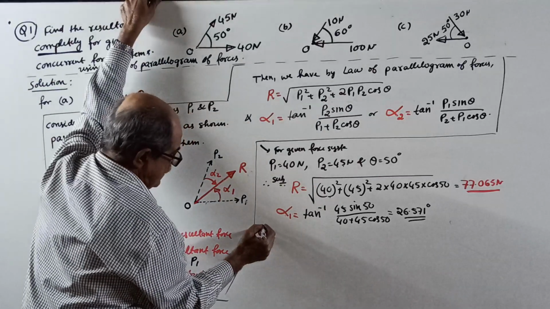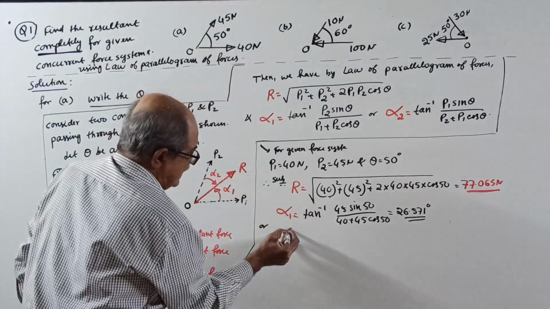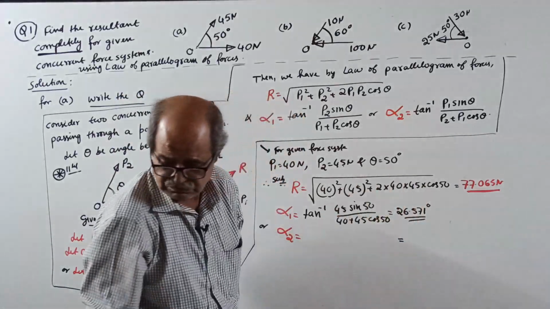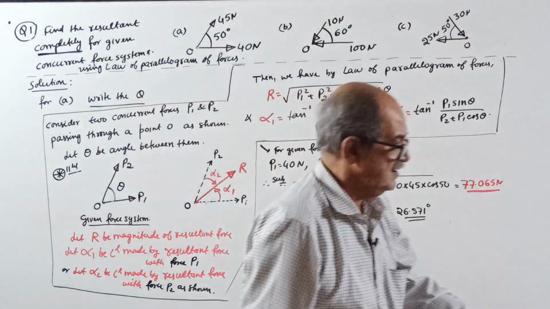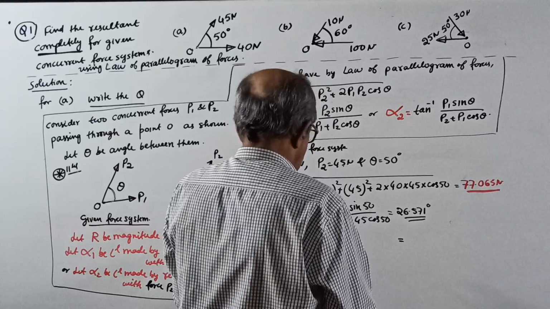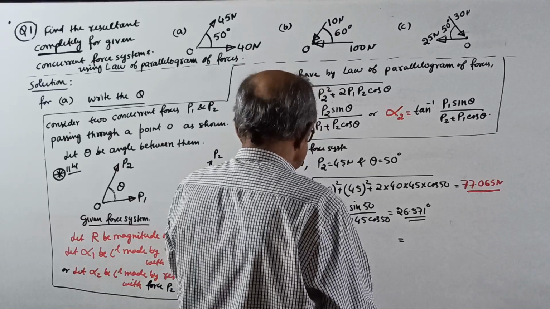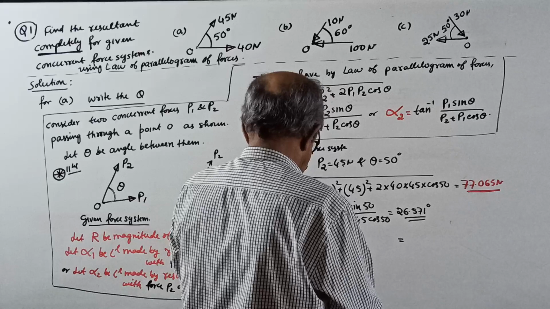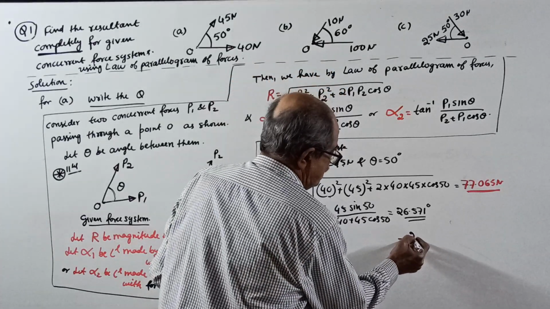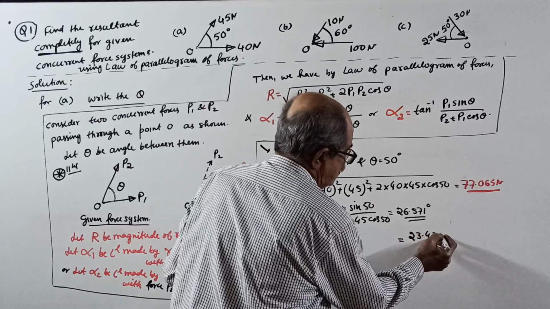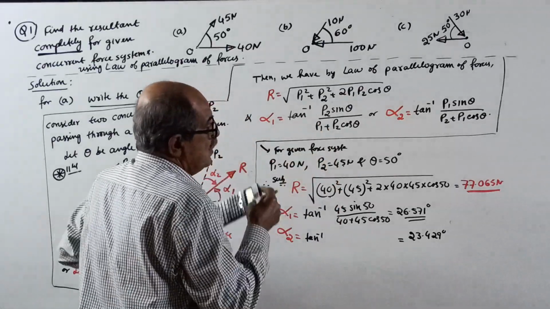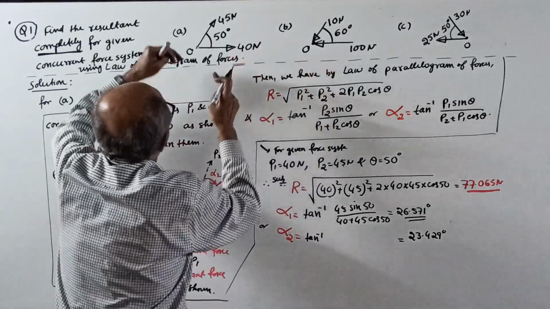Anyway, to understand, alpha 2: 50 minus 26.571 is 23.429 degrees. It has to come 23.429 degrees.